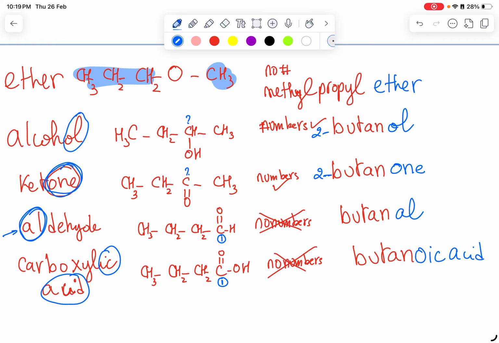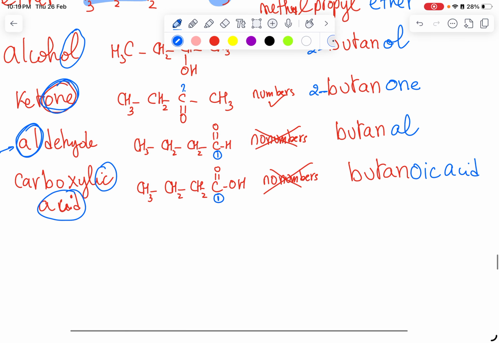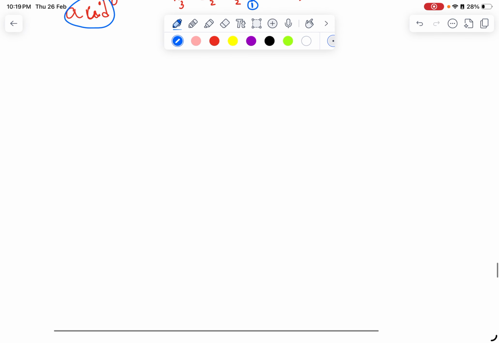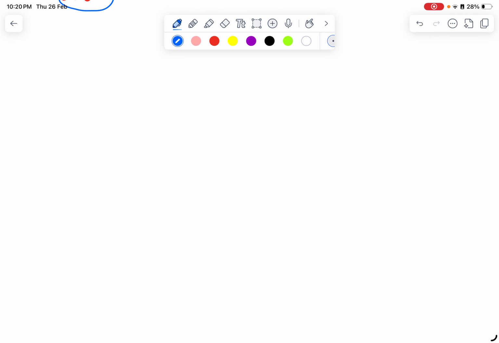Don't worry about amines and esters. Naming them is not included. Now, let's say I have to draw. So let's say they gave me a compound. All I have to know is examine the termination.